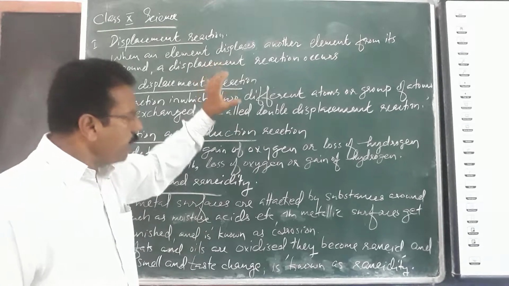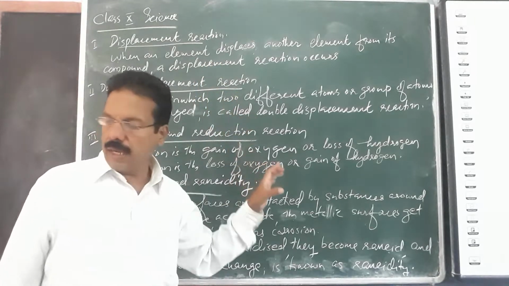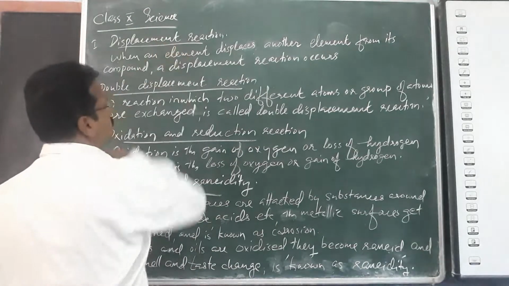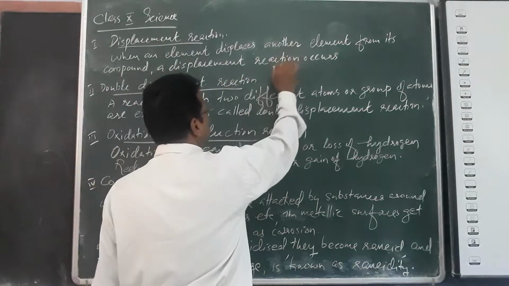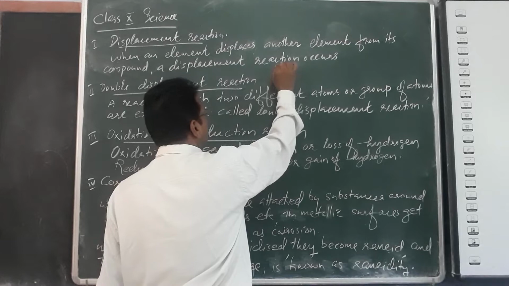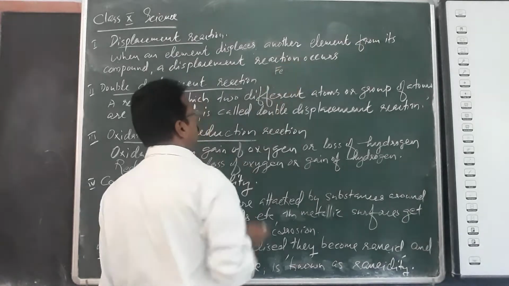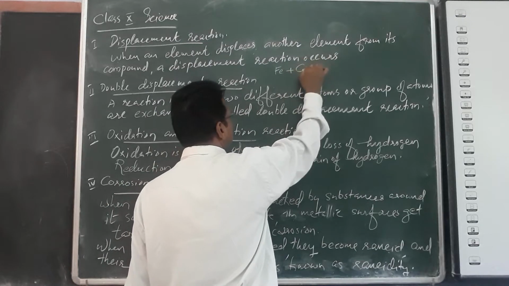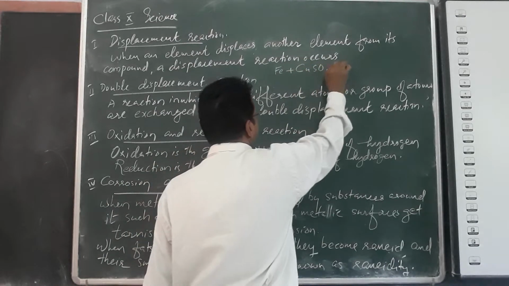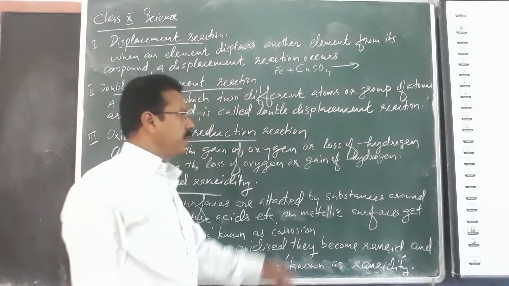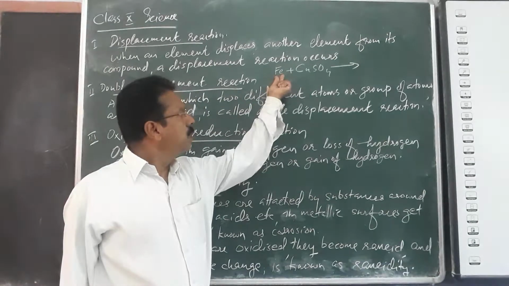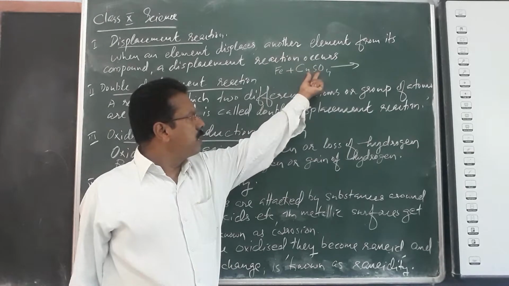For an example of each item, let us look at displacement reaction. Suppose iron, Fe, plus copper sulfate solution. In this reaction, we use iron and copper sulfate solution.